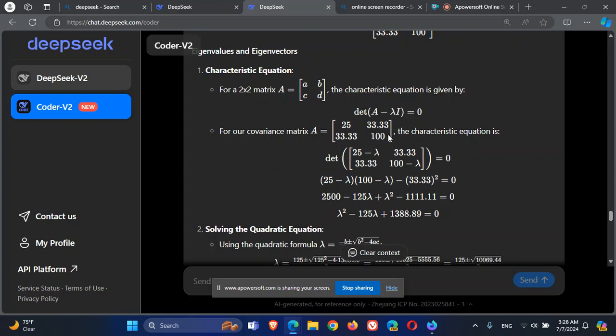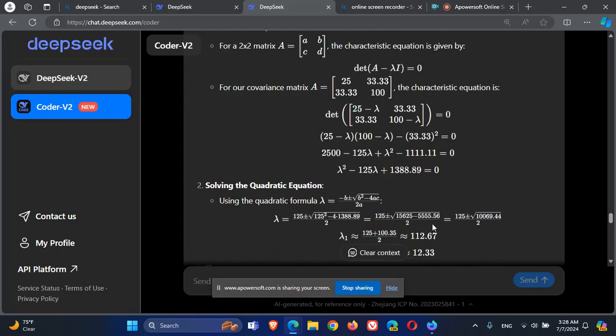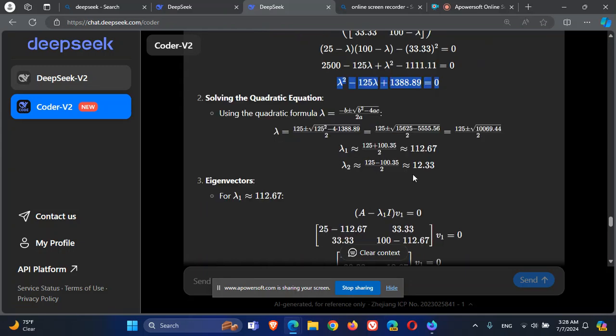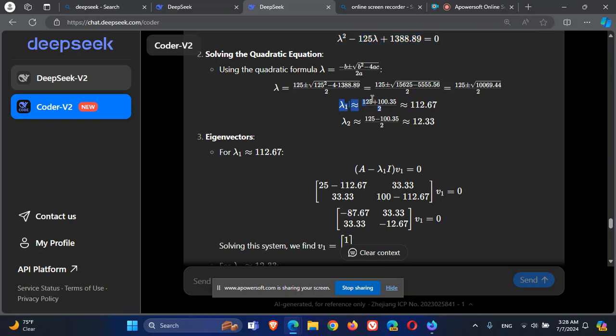But remember, the results may be wrong with the values. Okay, so we want to get the eigenvalues, so we calculate the characteristic equation. Here it is, and we want to solve it. So we use the quadratic formula to solve this equation and get the values. Maybe there is a mistake here, but never mind. So the first eigenvalue is this, and the second eigenvalue is this.